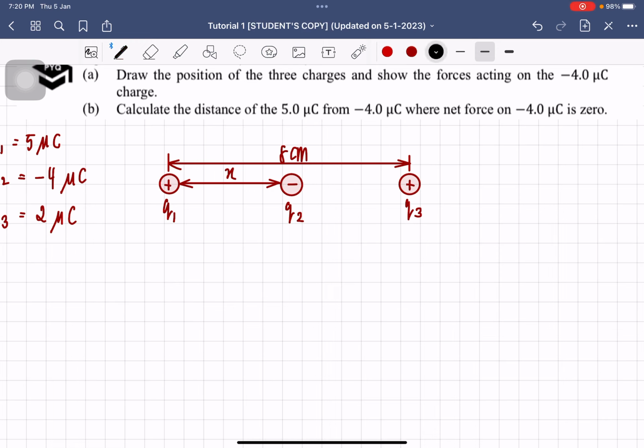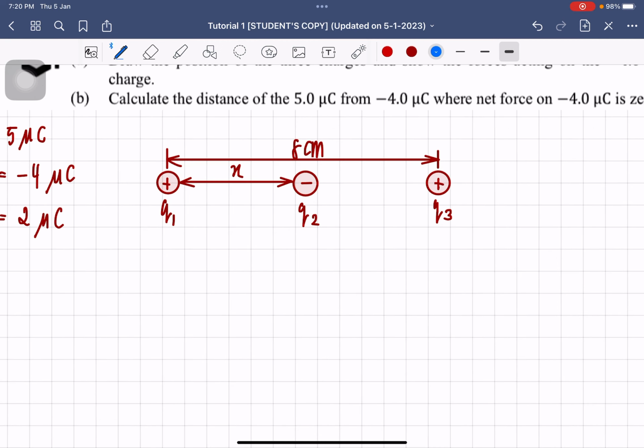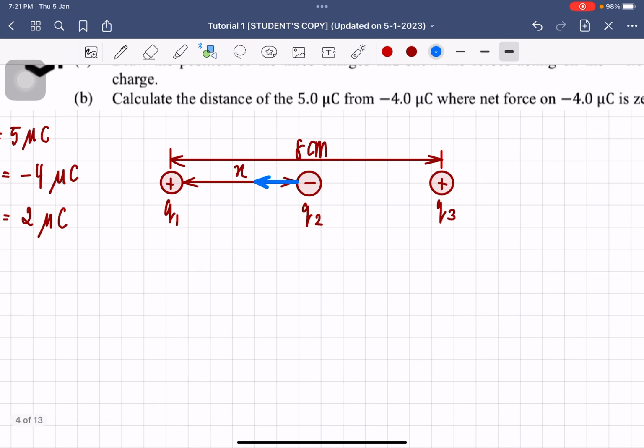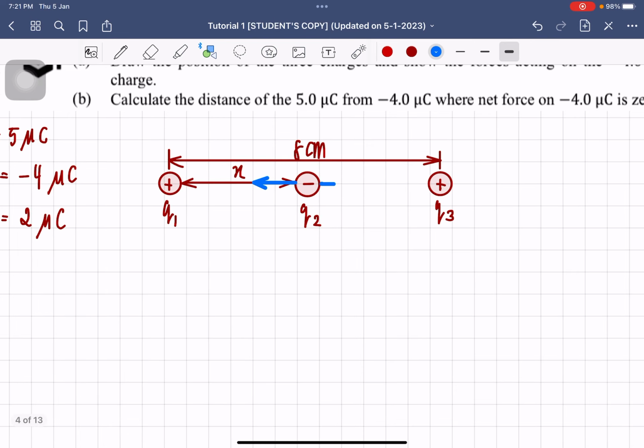I'm going to draw it in blue so that you can see the line later. We know this would have an attractive force between them, so they are attracted to each other. So it's basically going to be like this. You can also draw another arrow here, but we don't really focus on these two arrows. We're only focusing on this charge here. Next, again, negative and positive, attractive force, so this arrow would be pointing towards charge number 3.